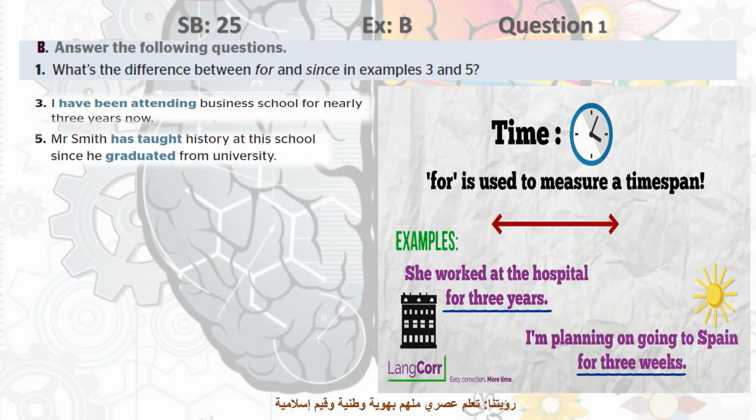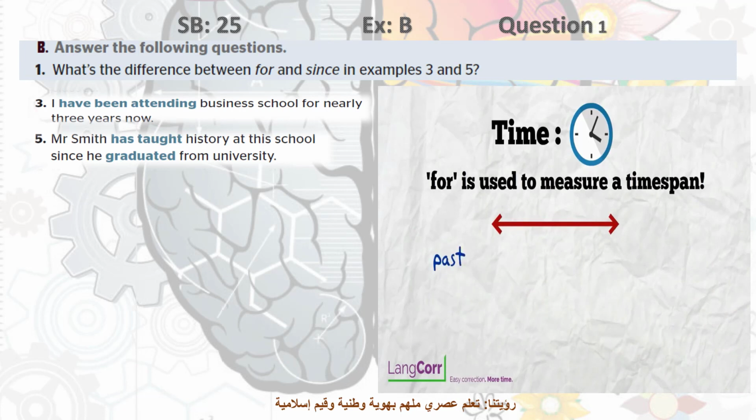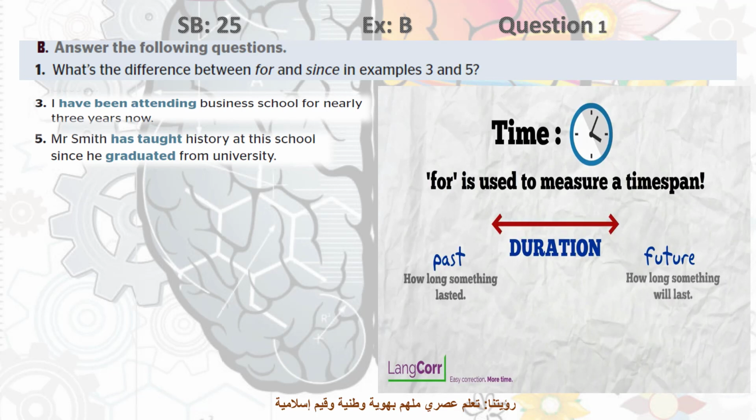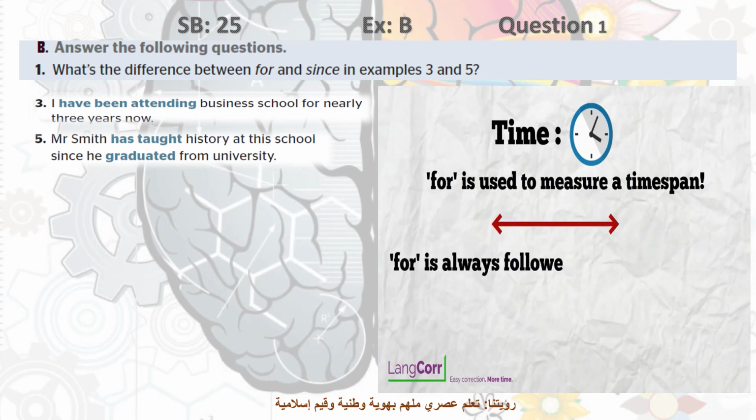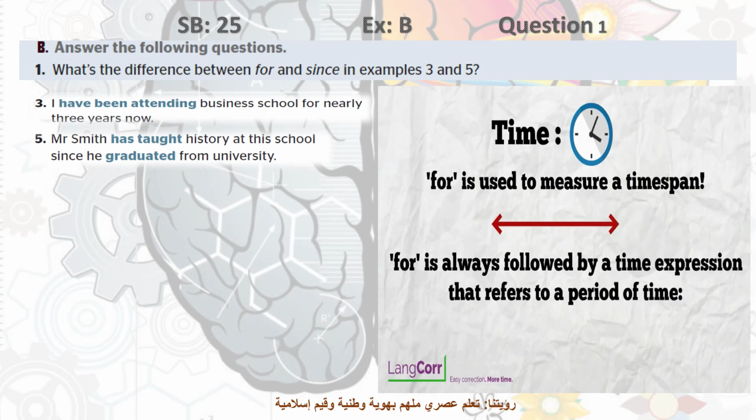So for can be used to refer to a time span in the past or in the future. It explains the duration of something, or in other words, how long something lasted or will last. Therefore, for is always followed by a time expression that refers to a period of time, such as 3 minutes, 2 days, 4 years, etc.